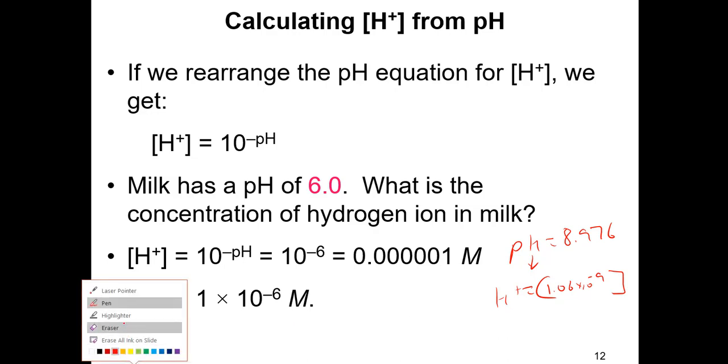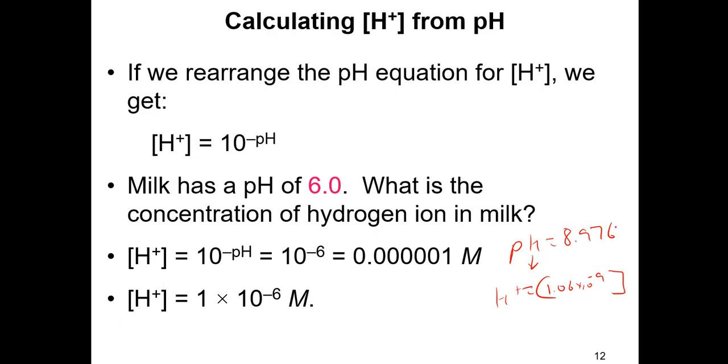Now let's go through the sig figs. There are 3 decimal places. Therefore, there needs to be 3 sig figs in your molarity concentration.